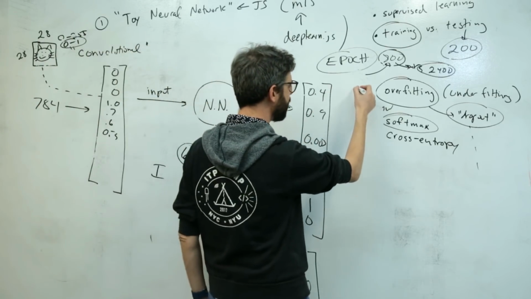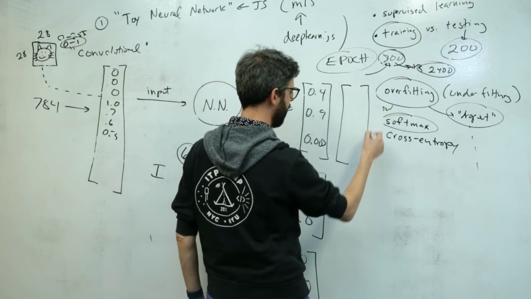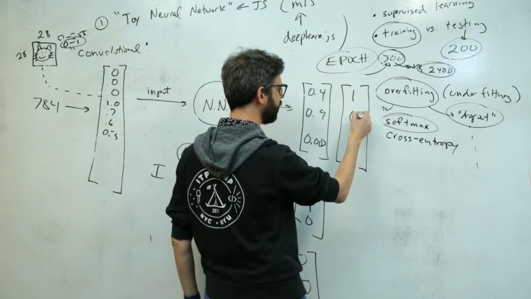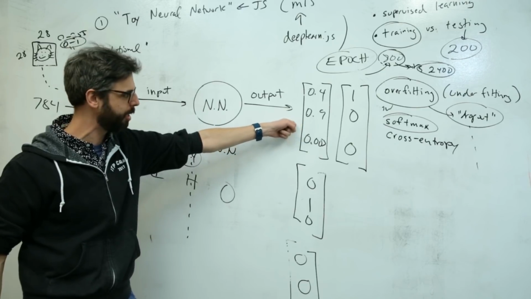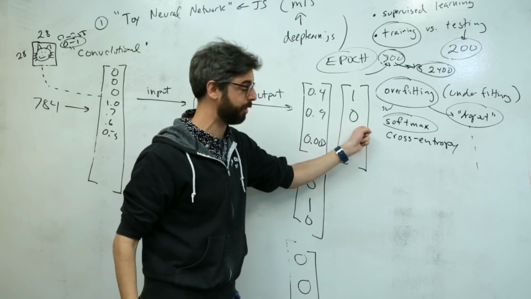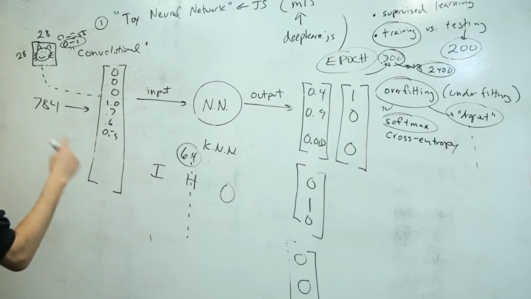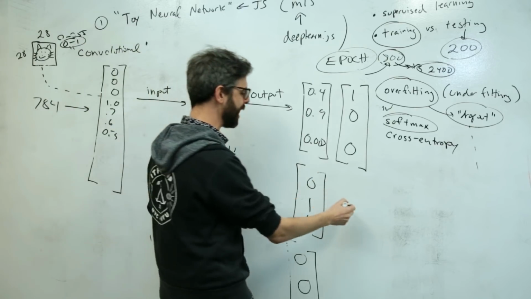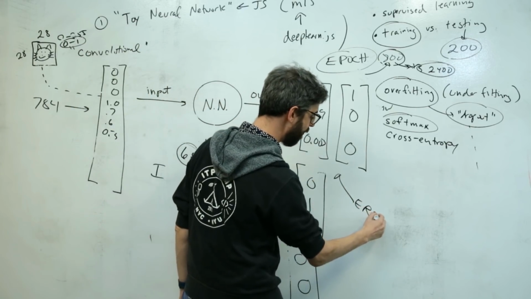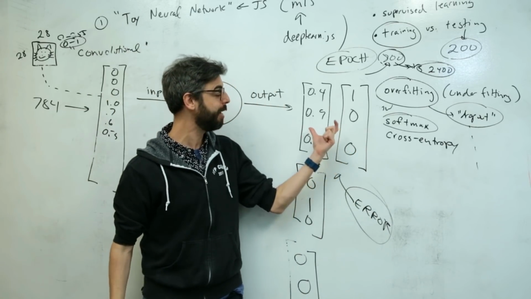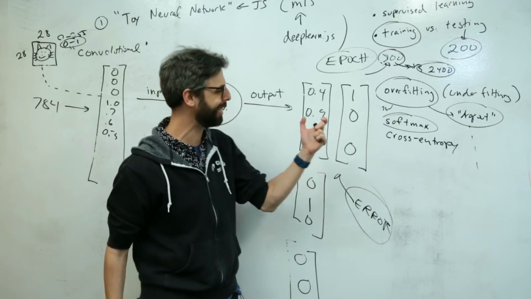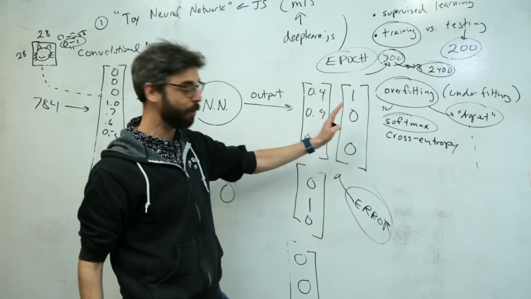But I've also given it targets. And maybe I said the targets are 1, 0, 0. So this is its actual guess, its prediction, and these are the targets. And so what the neural network is able to do is calculate an error. And the error is really something quite simple. It's just the difference, and I mean subtraction when I say difference, between what it guessed and what the targets are.